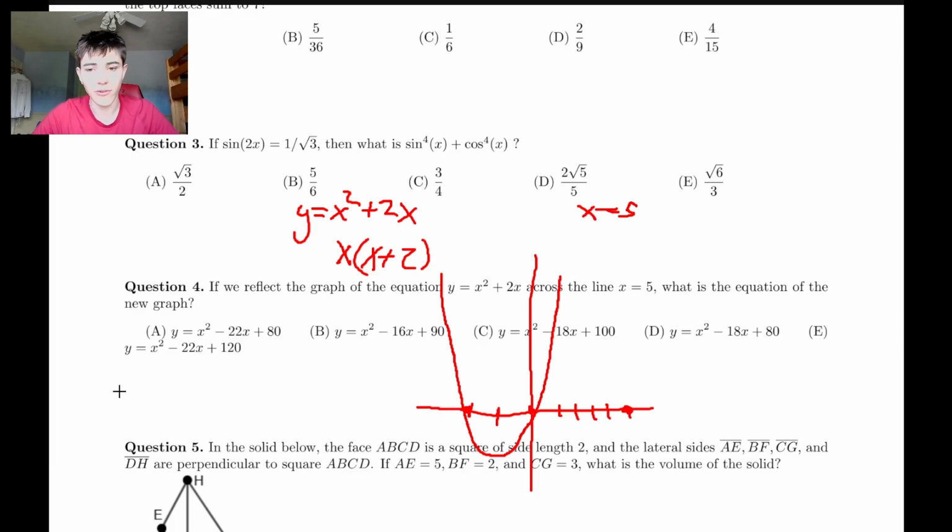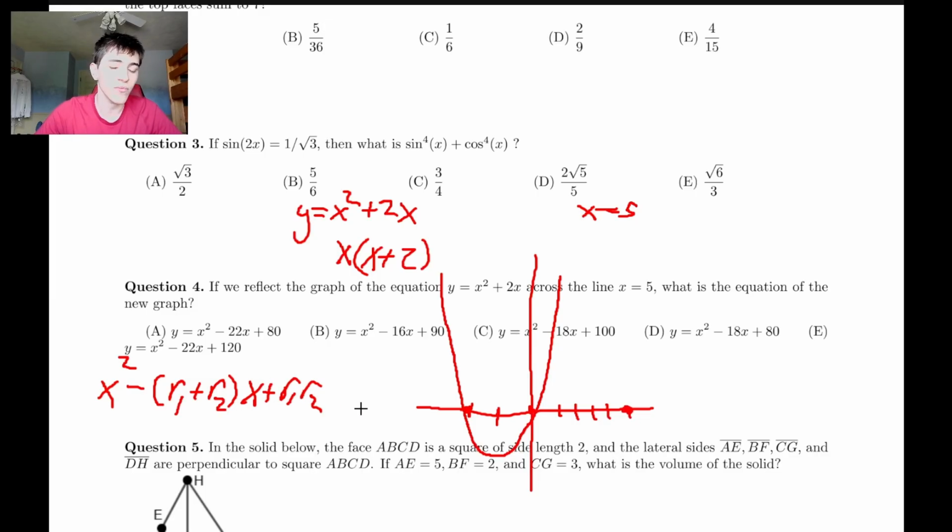If you don't know Vieta's formulas, then you can also write a quadratic with coefficient 1 like this, where R1 and R2 are its roots. So that means that the second coefficient is going to be the negative of the sum of the roots, and then the third coefficient is going to be the product of those roots, right? And that's always true for a quadratic.